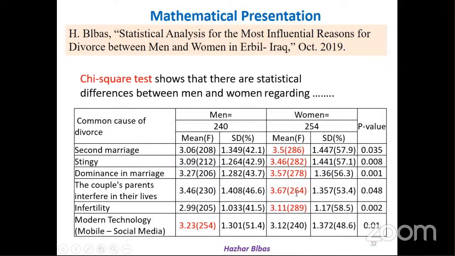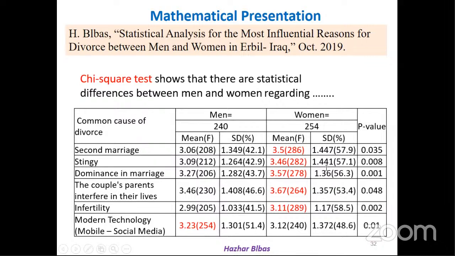It means the frequency for women is higher than the frequency for men for divorce for all of these: second marriage, stingy, dominance, couple parents, and infertility.